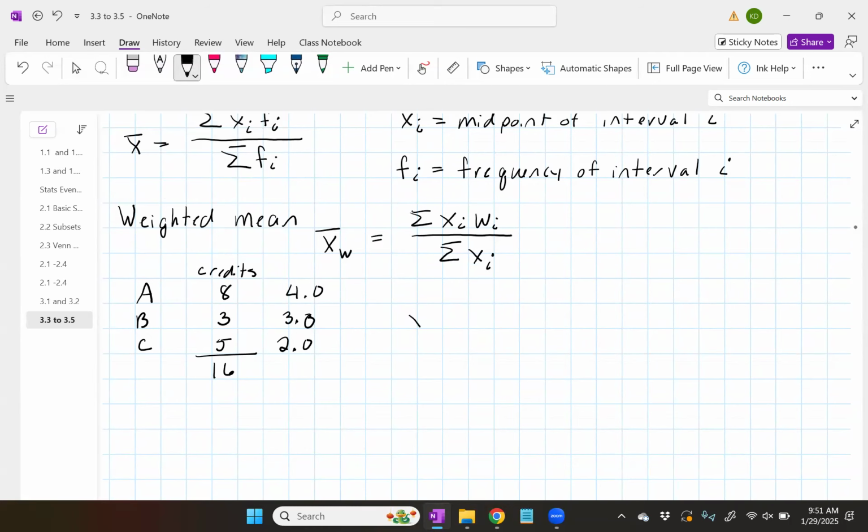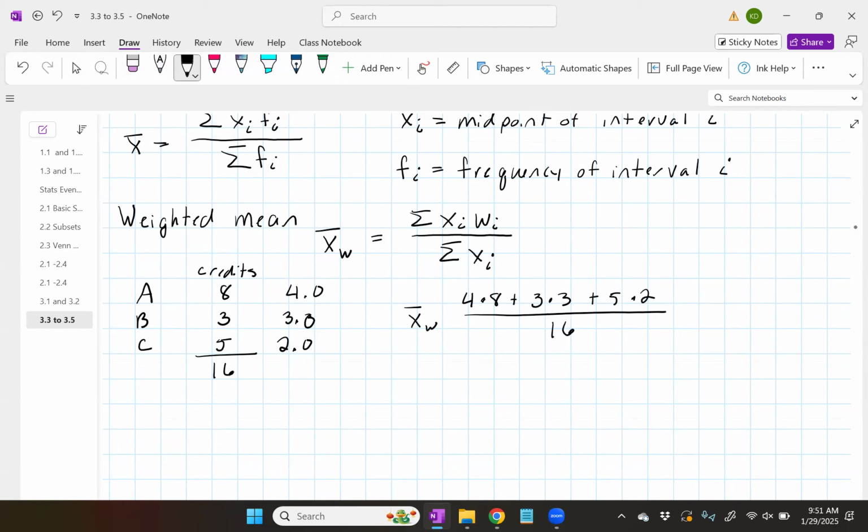So I'm going to take 4 times 8 plus 3 times 3 plus 5 times 2, all over 16.